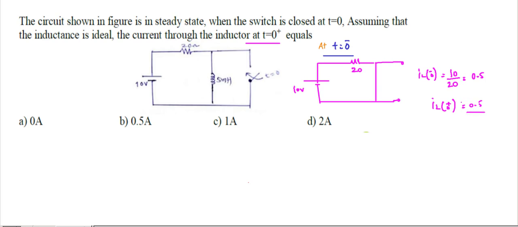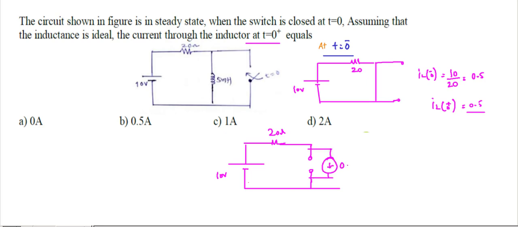Okay, right. Let's see what happens at t equal to 0 plus. 10 volts, 20 ohms, and the inductor carries a current of 0.5 amperes, and this is shorted.